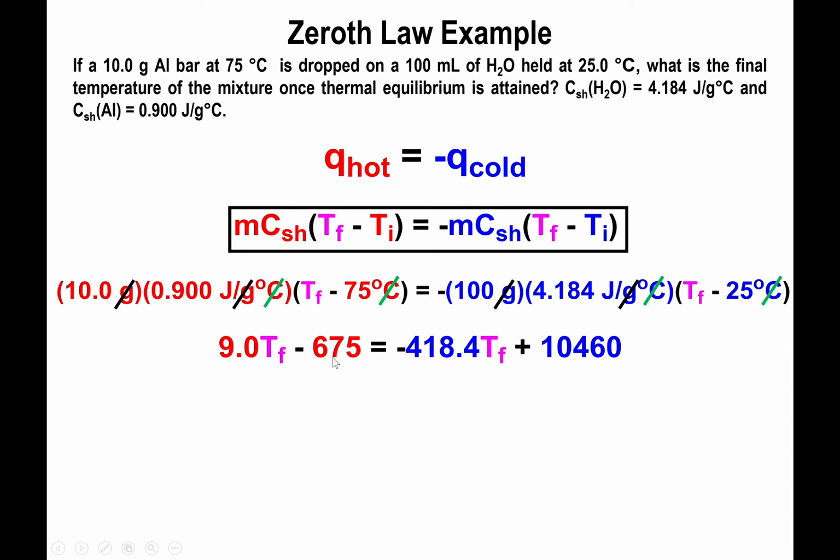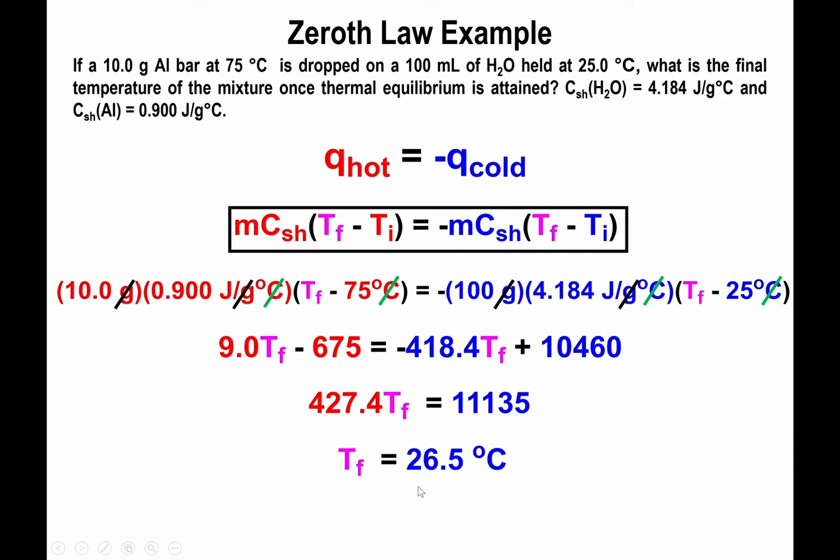That means we add 675 to both sides, and we add 418.4 TF to both sides. That means that 418.4 plus 9 is 427.4, and 10,460 plus 675 yields 11,135.